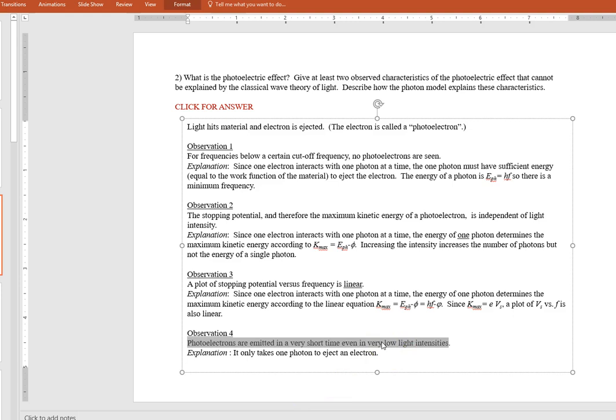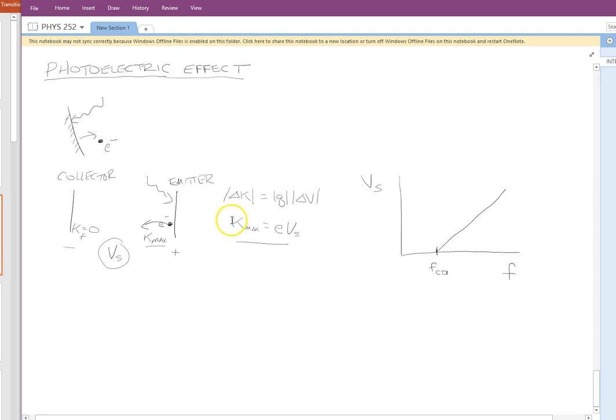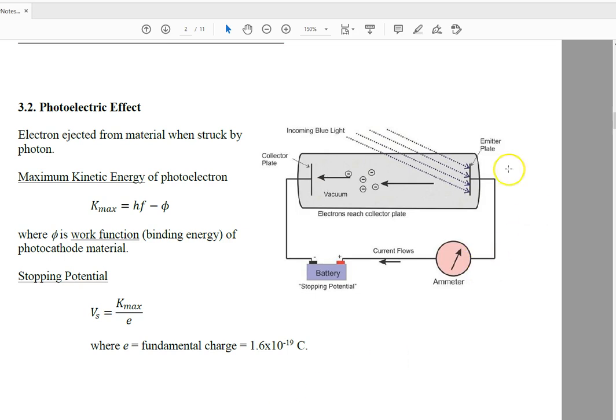So what I want to do in this video again is establish what the photoelectric effect is. So we did that. That's when light hits a metal and under the right conditions, electrons are ejected. We also wanted to explain what a typical experiment looks like, as you see in this figure, introduce the idea of the stopping potential, and also talk about these observations.